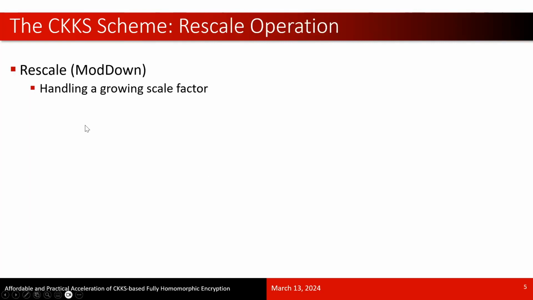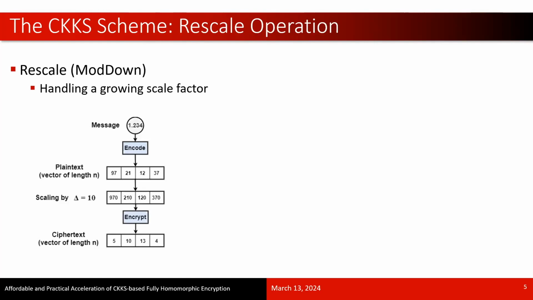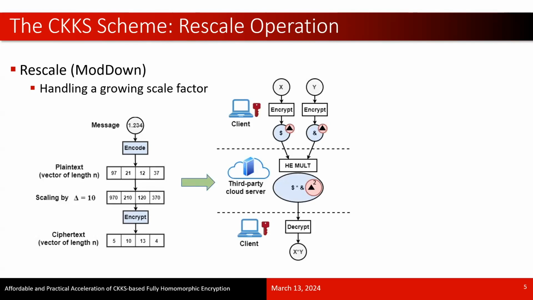So rescale, also known as mod down operation, is to handle the growing scale factor. In the CKKS scheme, as we just saw, we scale the plain text by some value delta before encryption. And this delta grows during homomorphic operations. Say, for example, if we want to multiply encrypted x and y, during multiplication, we also square the delta value. With one level of multiplication, this is not a problem.